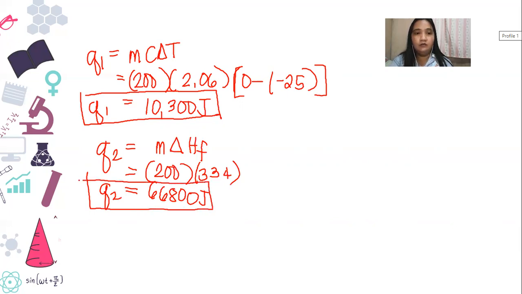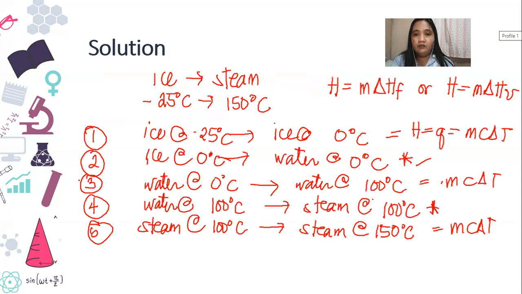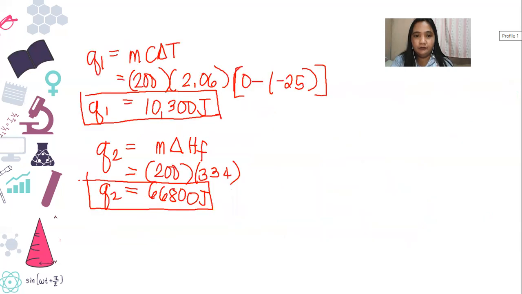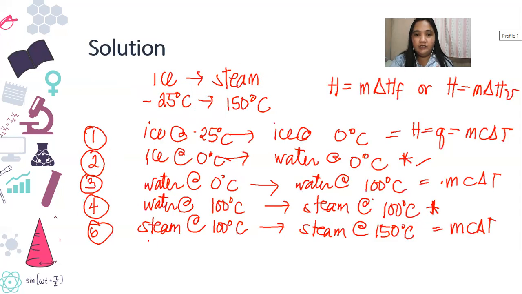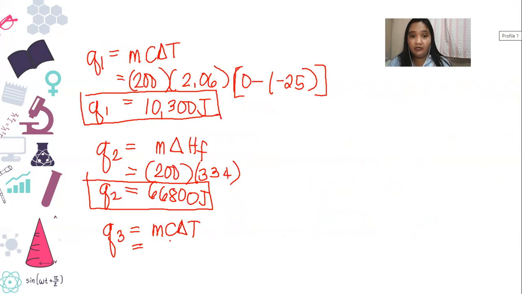Now let's get to Q3. That's water at 0 and water at 100 degrees Celsius. Q3 is again an MC delta T. But here, we said that it's already water, so we'll be using the specific heat of water.